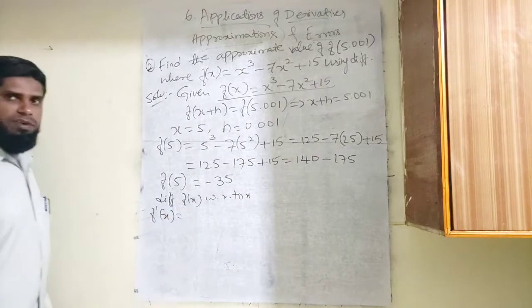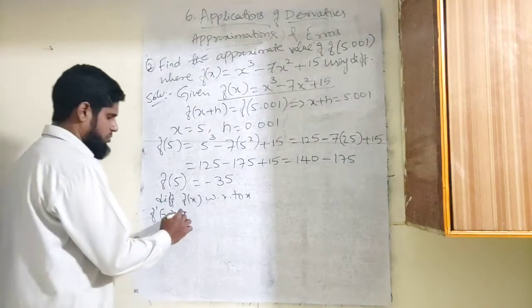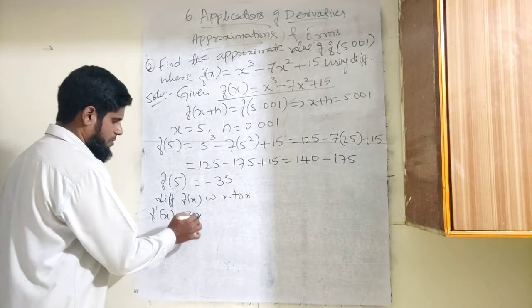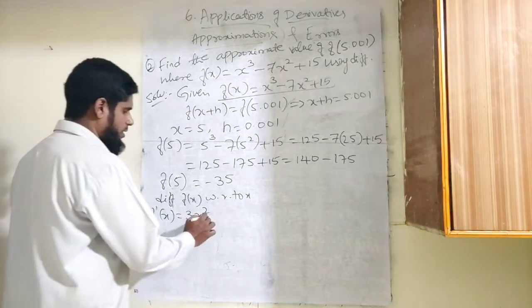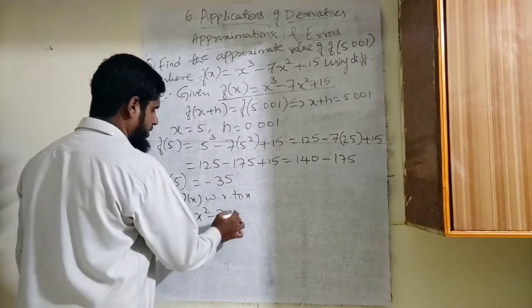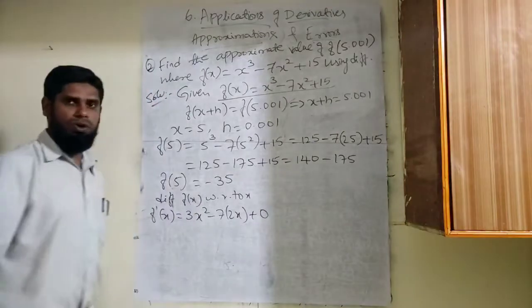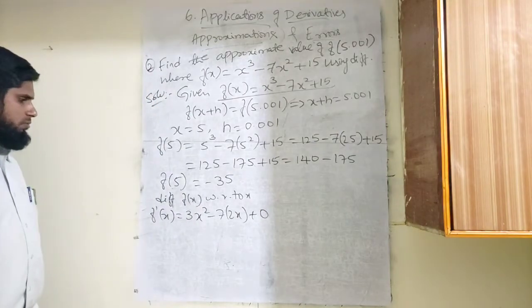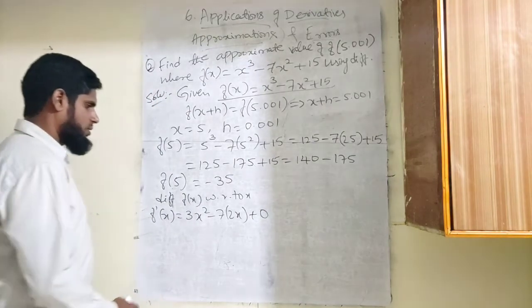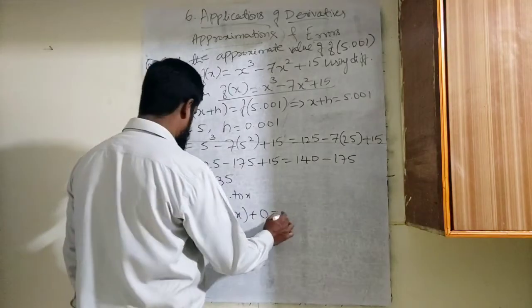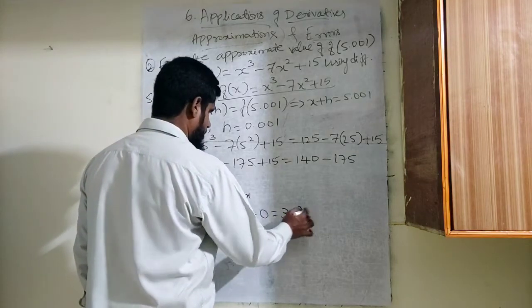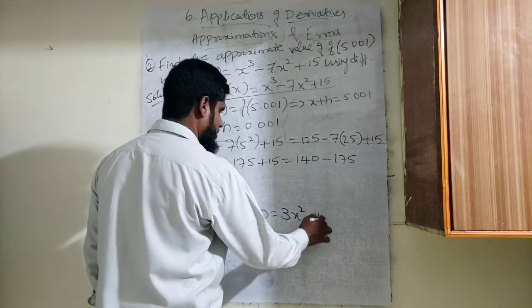So f dash of x is equal to 3x square minus 7 into 2x plus 0. So this is equal to 3x square minus 14x.